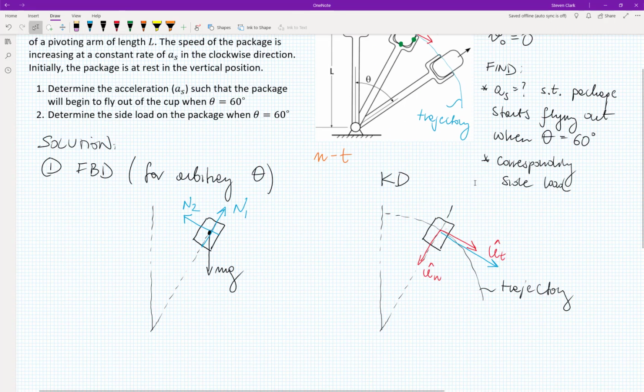So if this is the case, this will be MAT, and this will be MAN. Okay, guys, I think I'm done with these KD and FBD. Maybe I will also introduce theta here. Next step, equations of motion.